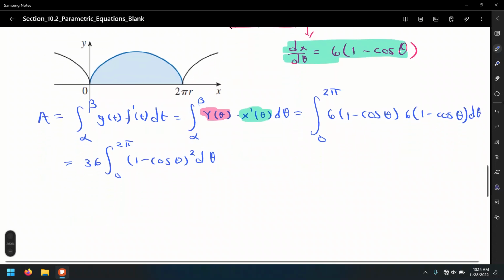Well, so let's see, number one, let's square the binomial first. So that's going to be 36 times the integral from 0 to 2 pi of 1 squared, which is 1, minus 2 times the two terms, 2 cosine theta, plus the square of the second term.